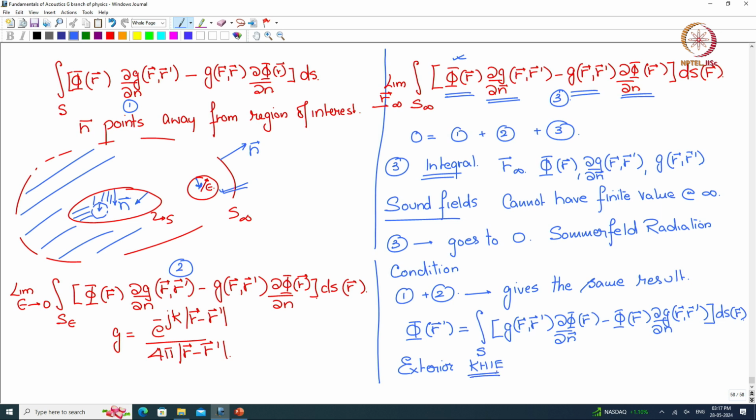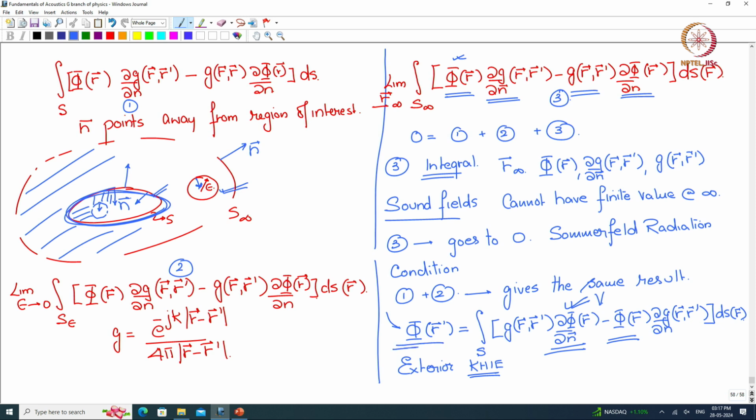So the situation is the same. If phi happens to be the pressure, then this is equal to particle velocity on this surface. Now we are looking at this surface. So if we know values of particle velocity and pressure on this surface, then we can go ahead and find pressure in the exterior region.